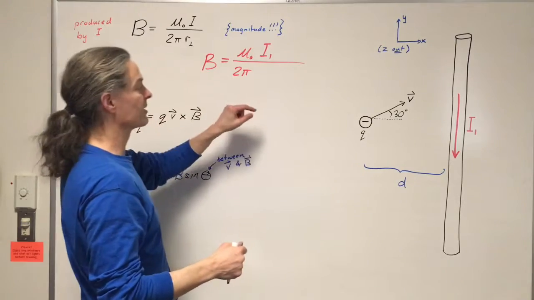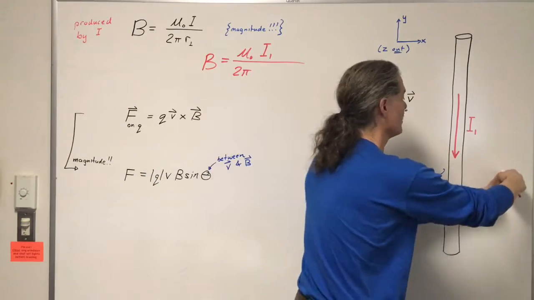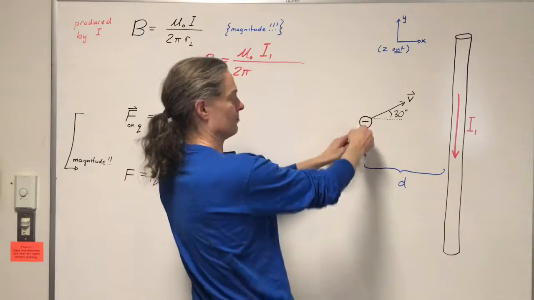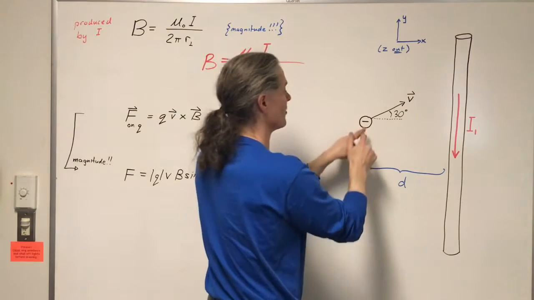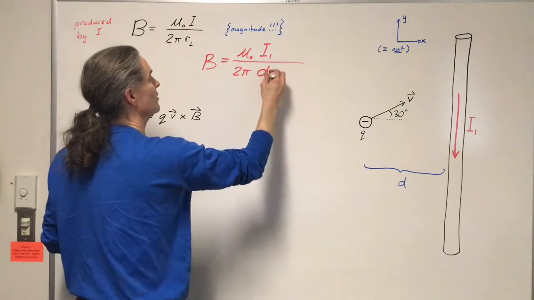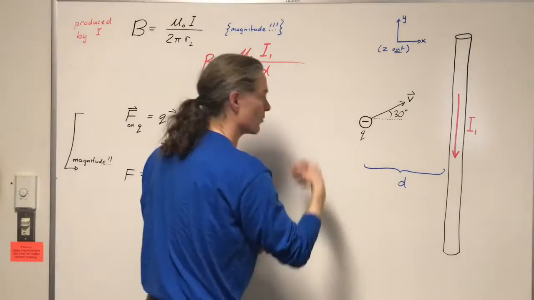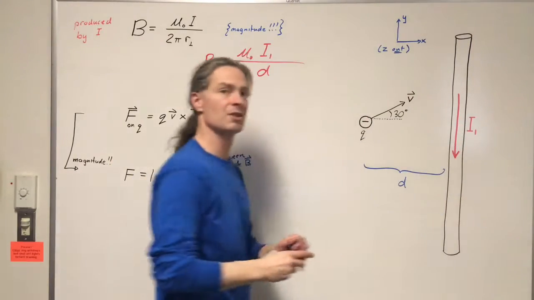If we want to know the magnetic field here, I'd use this distance. If I wanted to know the magnetic field here, I'd use this distance. I want to know the magnetic field here because I want to find the force that field exerts on this charge, so I need this distance, which I'm calling d. Great, if we had the numbers, we would actually have a value in Teslas for the magnitude of the magnetic field at this point due to this current.